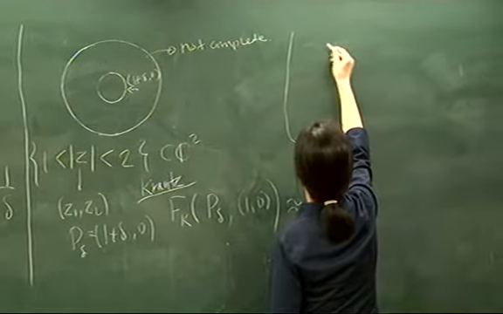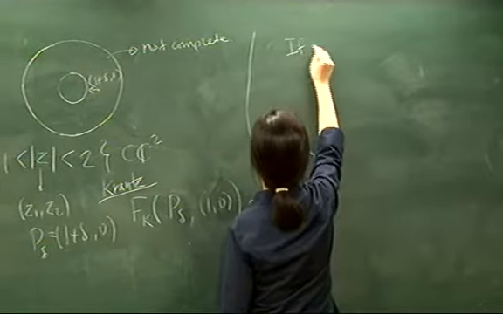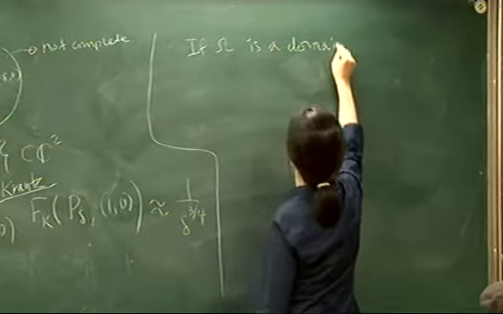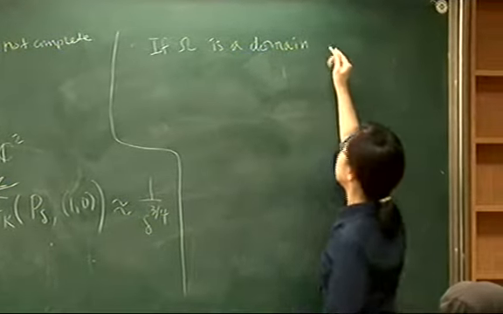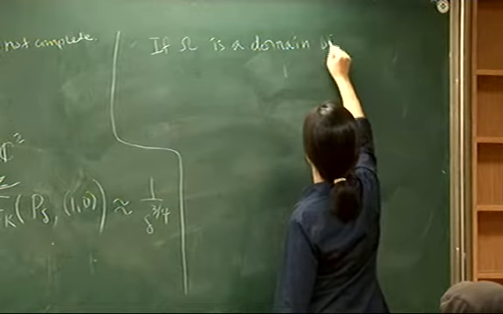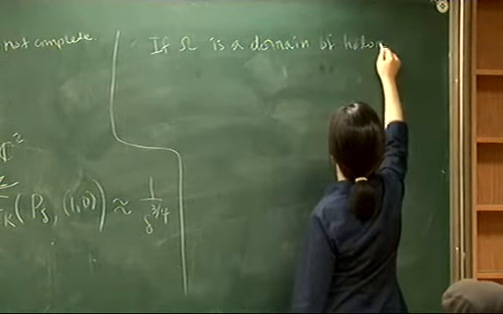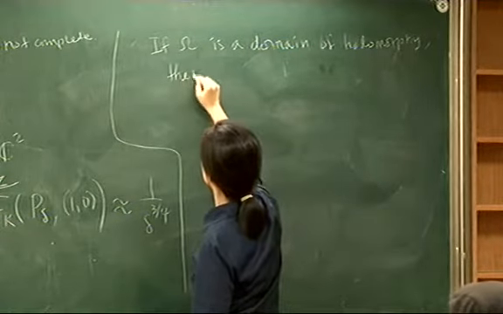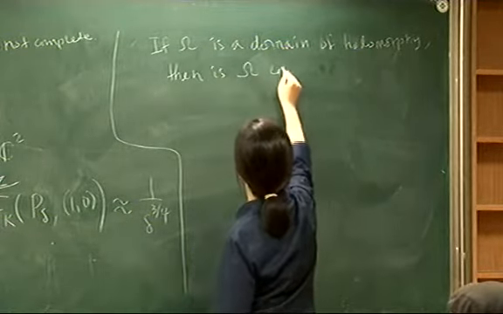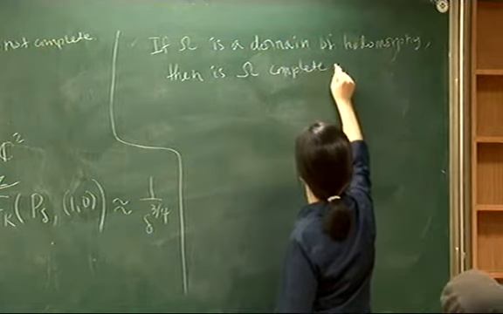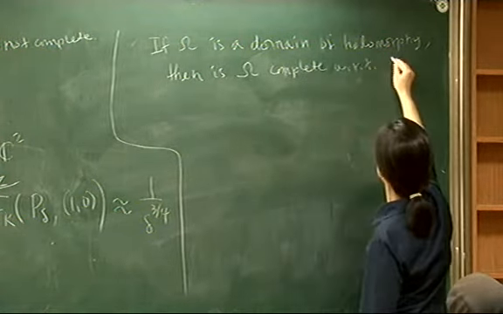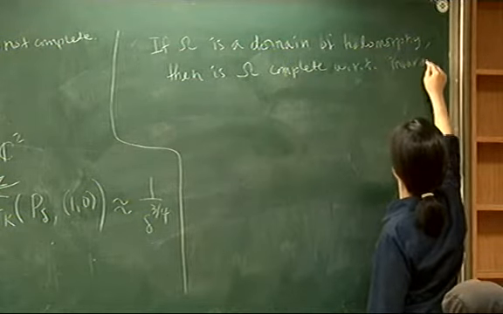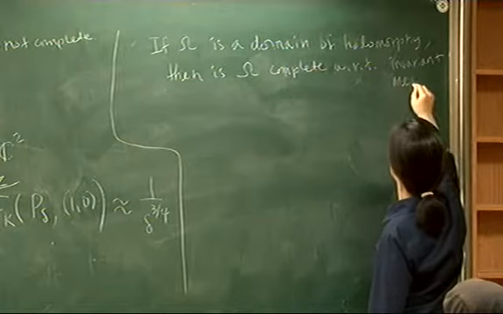So the question is, if omega is a domain of holomorphy, well, I will explain what this means shortly, then is omega complete with respect to invariant metrics, let's say, any invariant metrics.